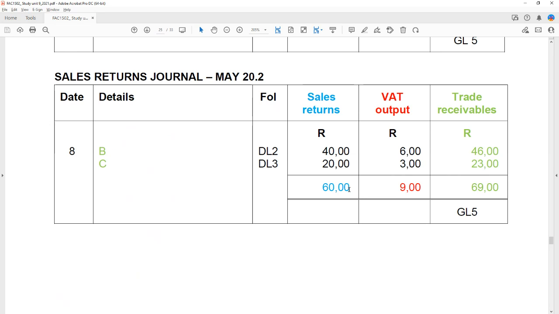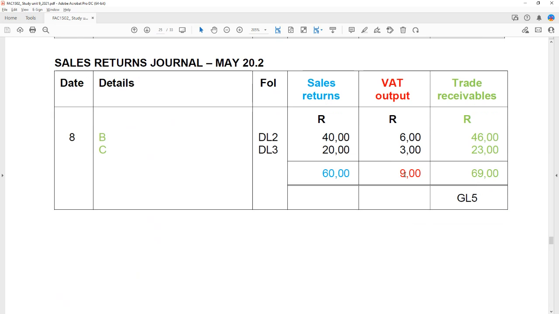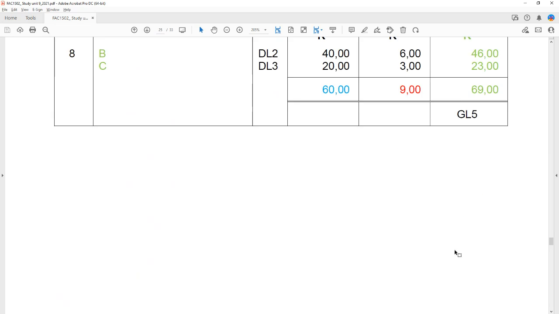For the month, it was 60 Rand in the sales returns column, and the VAT output column, which must be set off against the VAT output, is 9 Rand. And then the trade receivables, the VAT inclusive amount, is 69 Rand. So that's where our 69 Rand comes from, the 60 plus the 9.